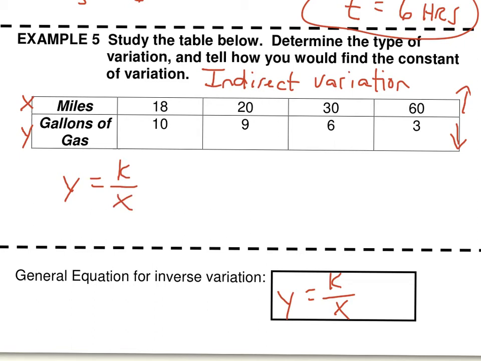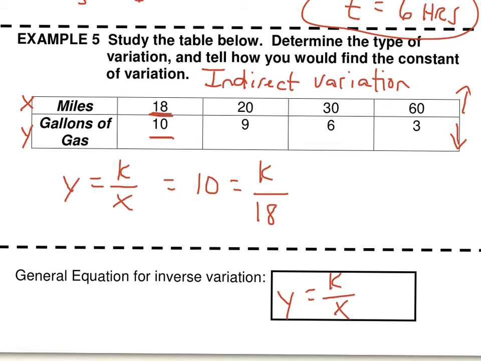So here I have 10 is equal to k over, because I don't know what k is, I'm trying to find k over x, which is 18. So y is 10, is equal to k over 18. I'm just substituting to find out what it is.